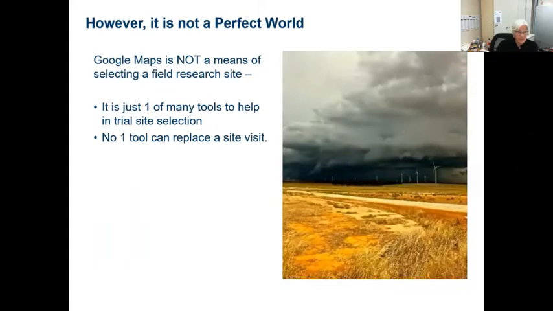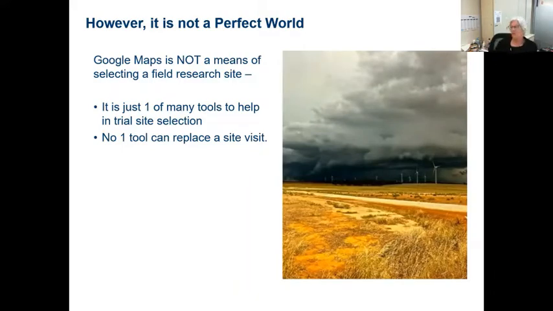In a not so perfect world, perhaps Google Maps is not a good means of selecting a field research site. Possibly you could use that for knowing what the soil is about, but it's only one tool that can help you. If you've found a particular site, it doesn't hurt to do some soil sampling.